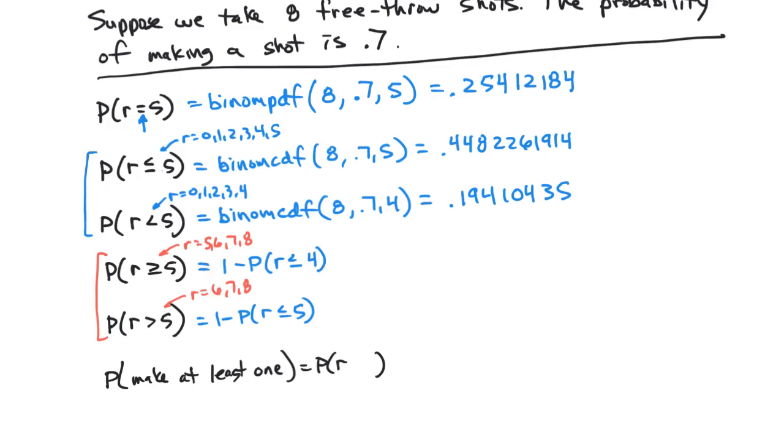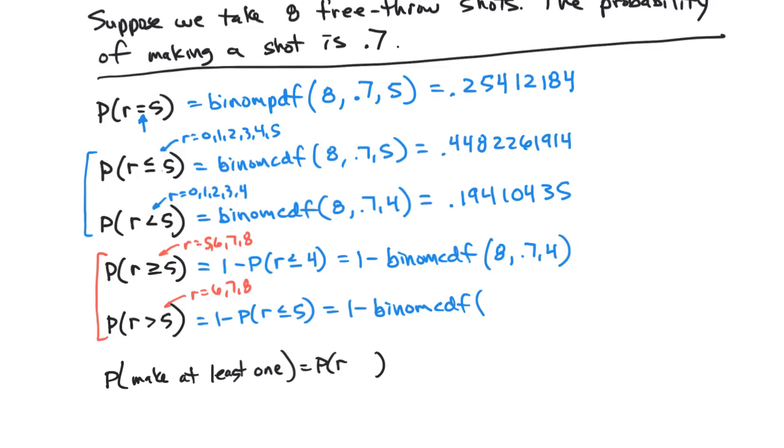So then this one we would go 1 minus binomial CDF, and this is going up to 4. So we would go NPR. This other one would go 1 minus binomial CDF.